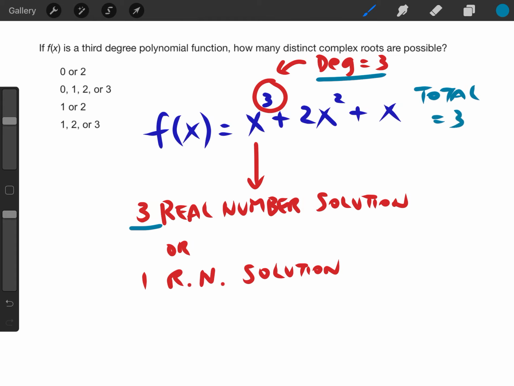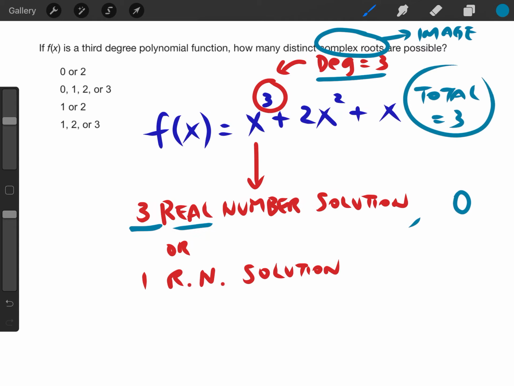So if all my solutions are real numbers, then complex, which means imaginary, leaves me with 0 imaginary solutions, because 3 real number solutions and the total has to be 3, so the imaginary has to be 0. In the second case, with 1 real number solution, that brings you to 2 imaginary solutions. So your answer is going to be 0 or 2.